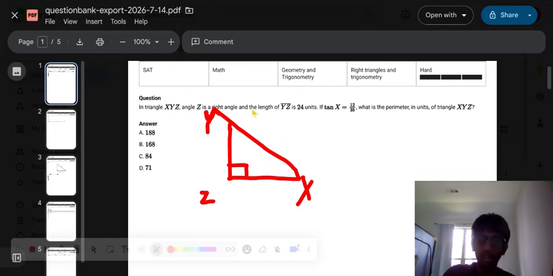And it says the length of YZ is 24 units. So this is YZ, it's 24 units. If tan of X is 12 over 35, what is the perimeter in units of triangle XYZ?